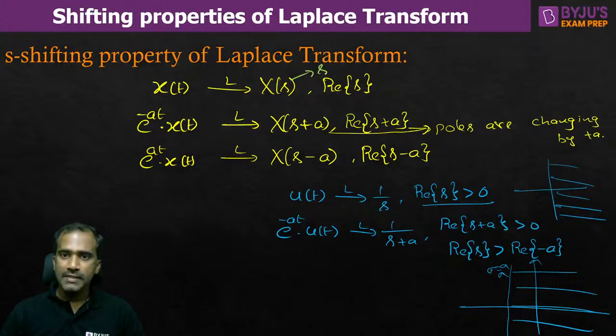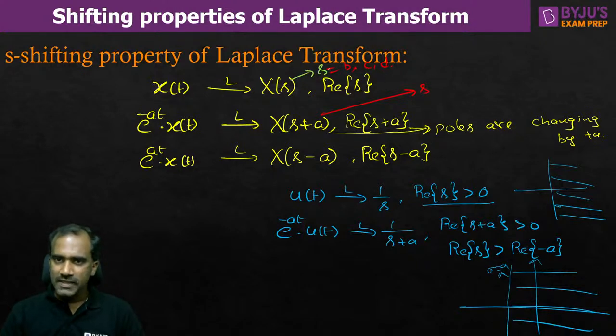For example, let's say the poles here are B, C, D. Now what are the poles here then? S equal to B, C, D are the poles, just for example's sake.